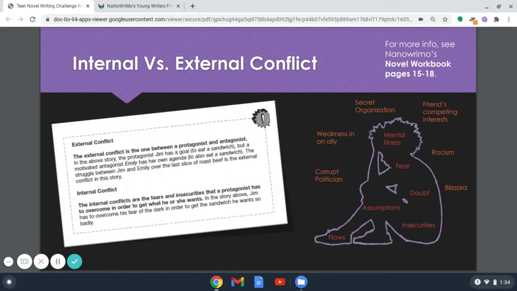When you have those structural systems of oppression like racism, or any kind of nature, so a blizzard or a tornado, those are external conflicts that your character is going to come up against. And you'll probably have a lot of those.